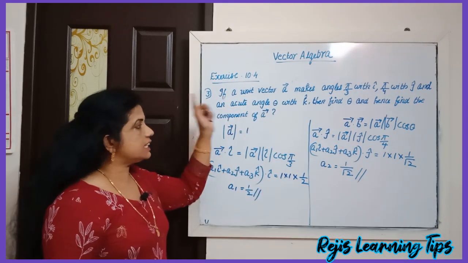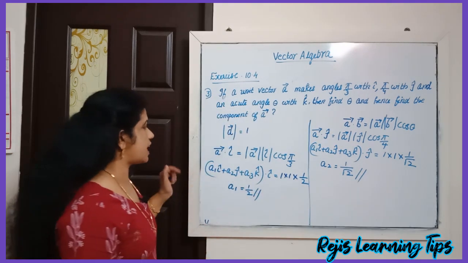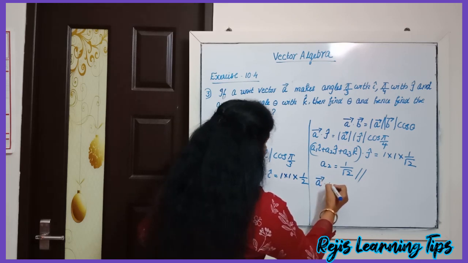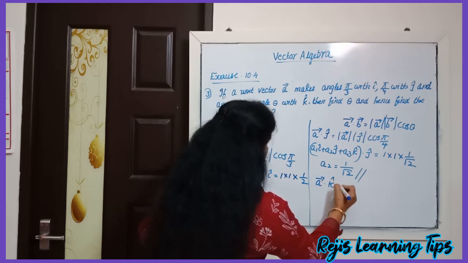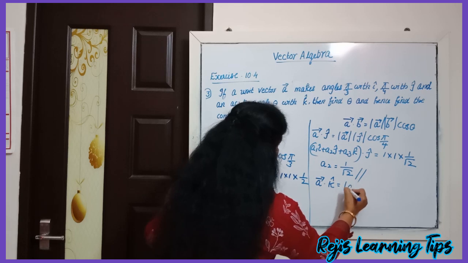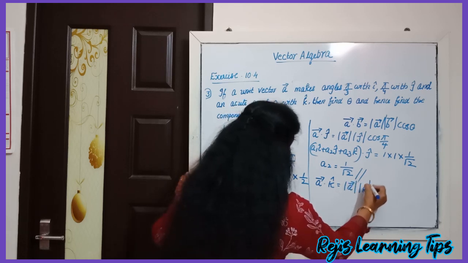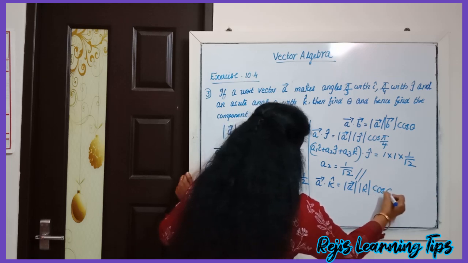An acute angle theta with K. So we can write here A vector dot K cap is equal to modulus of A vector, modulus of K cap, cos theta.